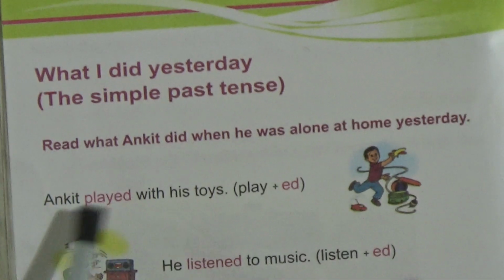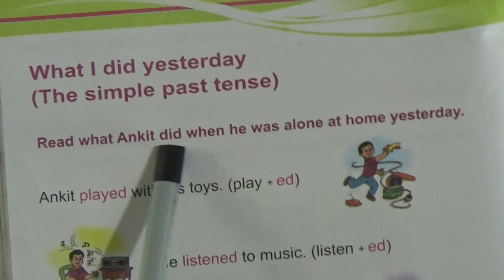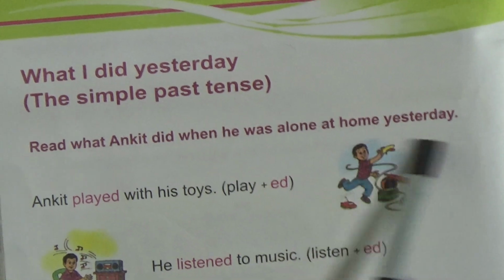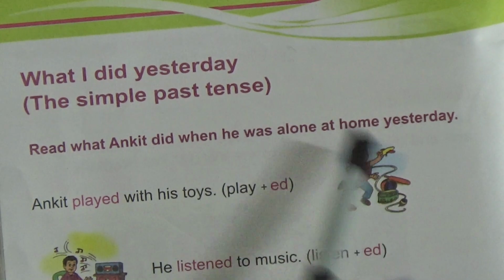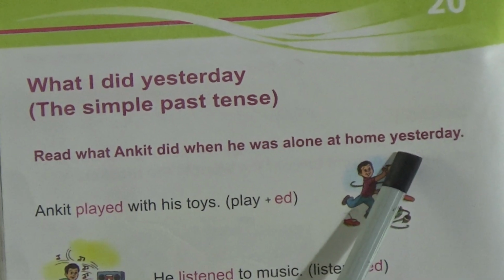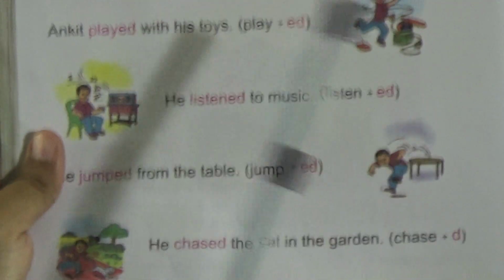Just look, Ankit played with his toys. Read what Ankit did when he was alone at home yesterday. Yesterday means that's already finished, so for writing yesterday we have to use the past tense. Ankit played with his toys.